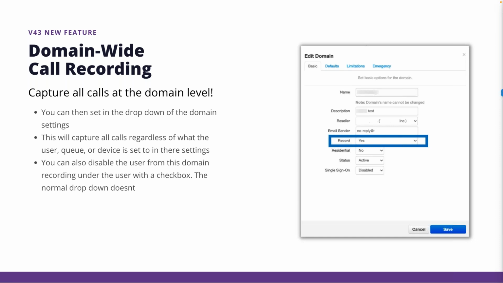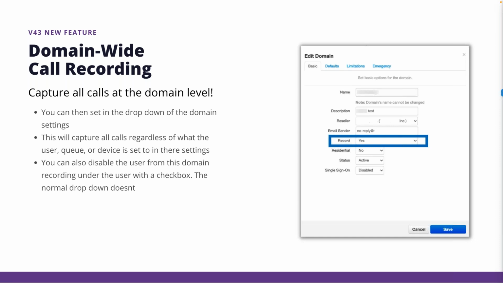When it's set to yes, like in the screen, this is editable when you build a domain or where you edit the main domain settings at the top right. Once that's set to yes, it actually will gray out all the other users and stuff like that. So that the setting becomes, like I said, a domain-wide recording.